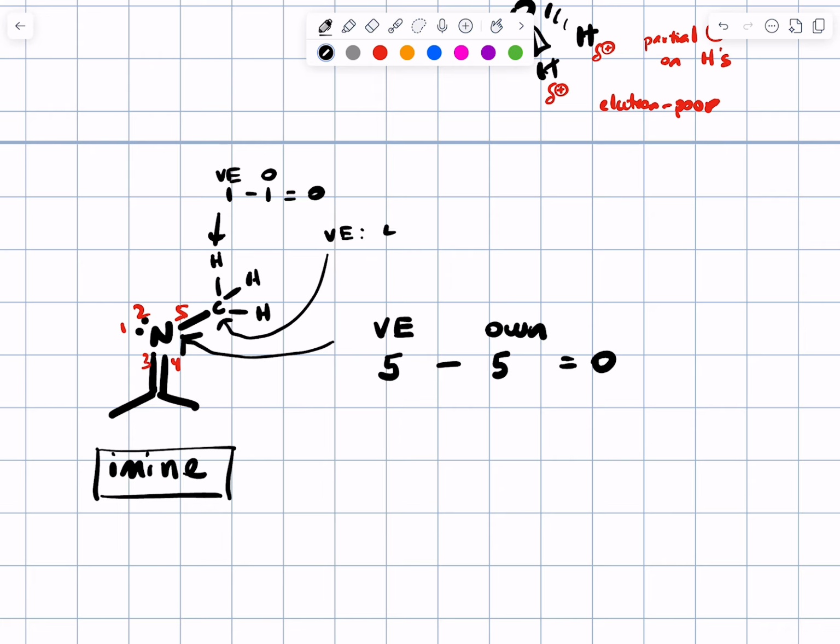Also 0, because carbon comes with 4, currently bonded to 4, owns 4 of those electrons, so the formal charge is 0. Okay, so you're going to start to notice patterns that are going to help you out. A carbon bonded to 4 things is always going to have 0 formal charge. A nitrogen involved in 3 bonds is always going to have a 0 formal charge.